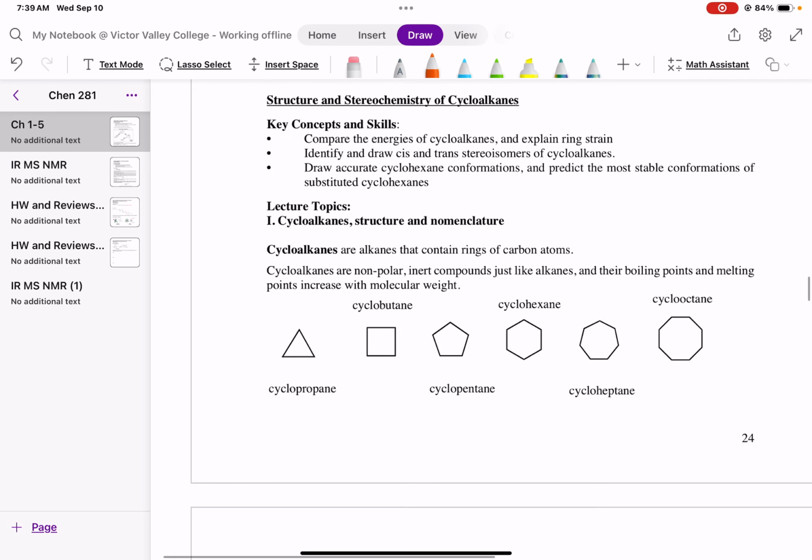For example, 3 carbons we call cyclopropane, 4 cyclobutane, 5 cyclopentane, and so on, 6 cyclohexane instead of just hexane because it's closed up. For all the cyclo, each carbon is a CH2.